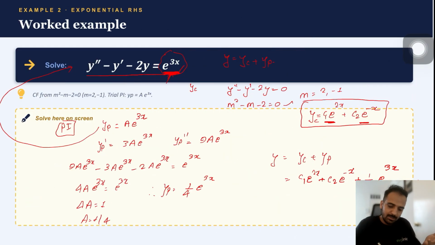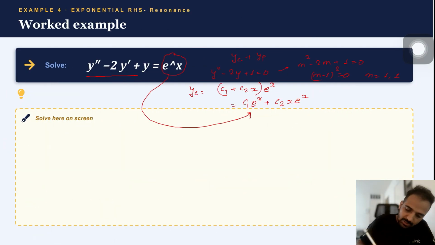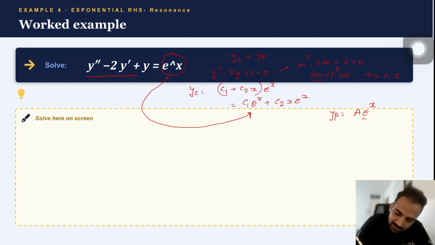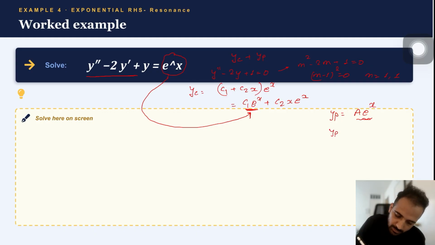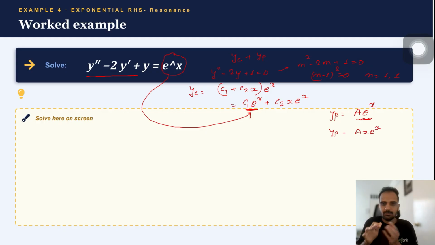For example, in this case your initial trial solution will be a e^x. This constant times e^x is already inside the complementary solution, so this cannot be your trial solution. Your new trial solution will be a x e^x, just multiplying by x.